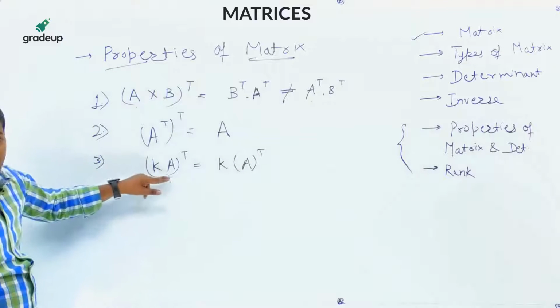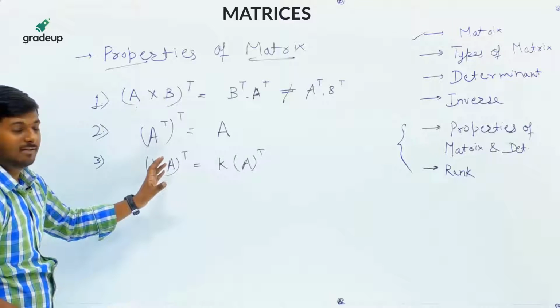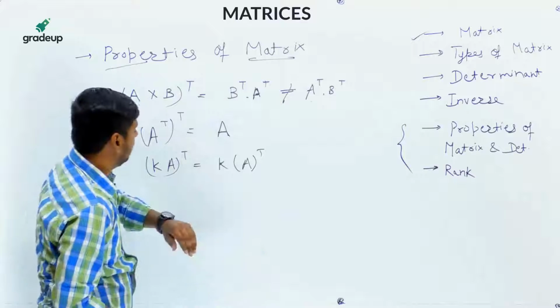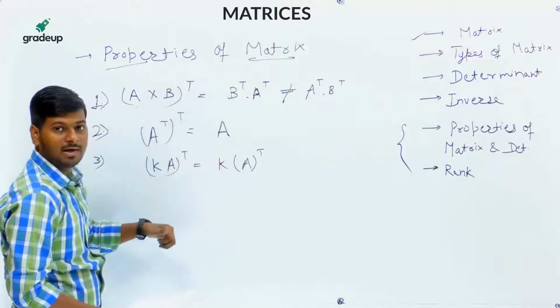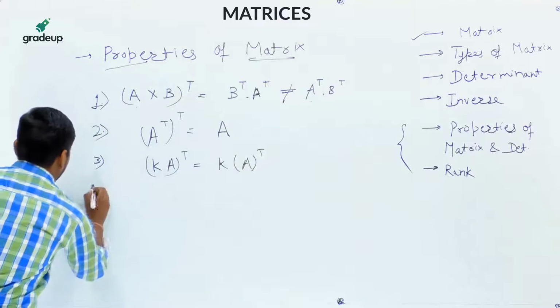KA means K is multiplied with each and every element, and then we take the transpose of that matrix, which is equal to K outside the matrix and the transpose of matrix A.